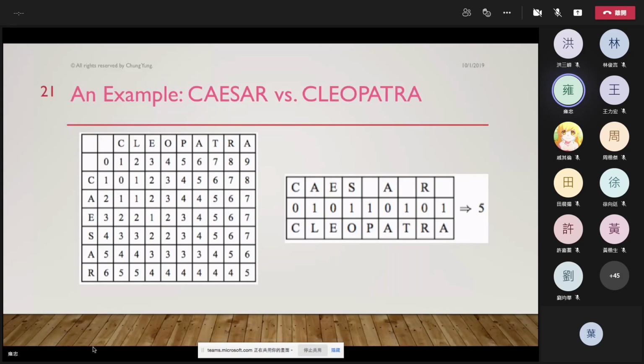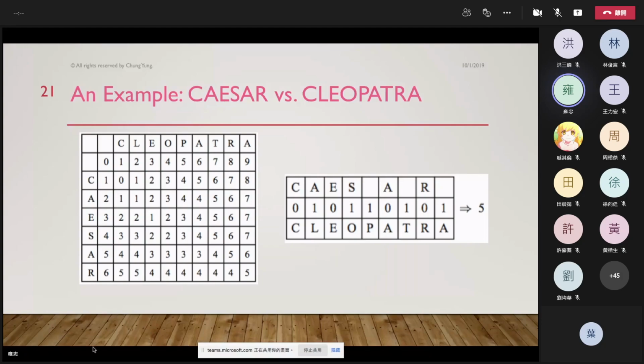So we go from left to right. If they are the same, it's 0. If they are different, it's 1. We don't do addition. C and C are the same, so it's 0 in the second row. A and L are different, so it's 1. E and E, the same, it's 0.